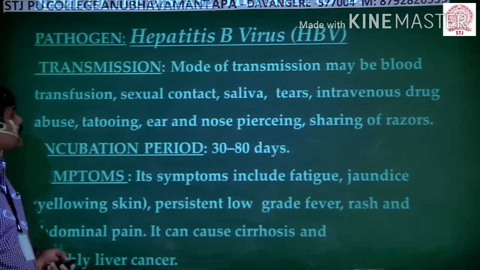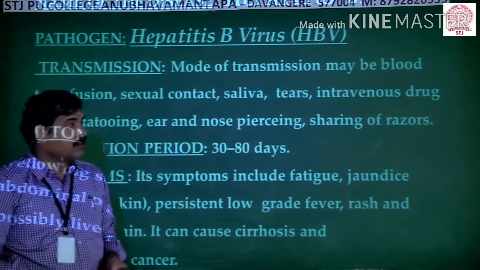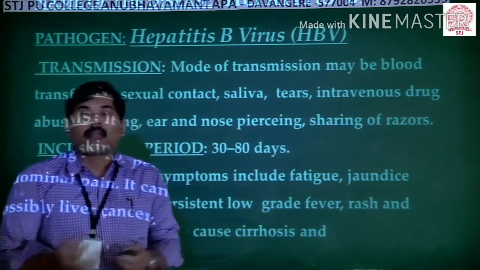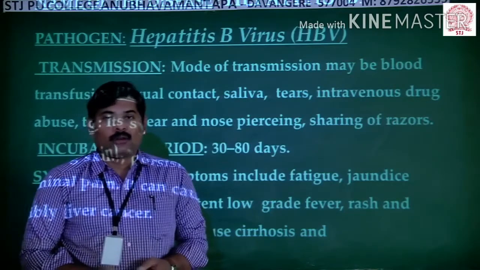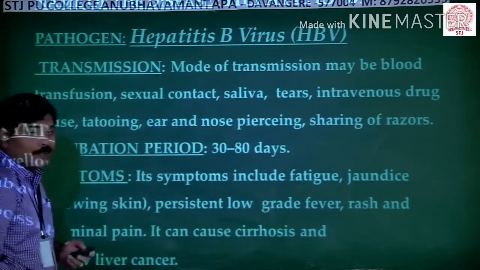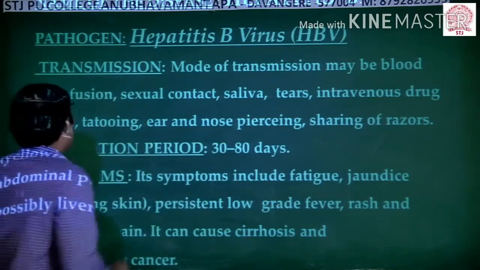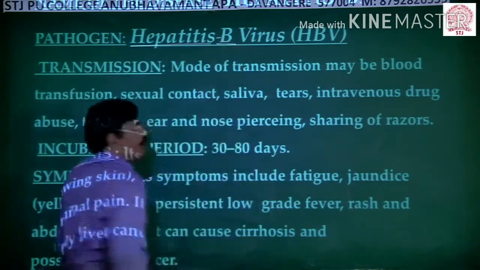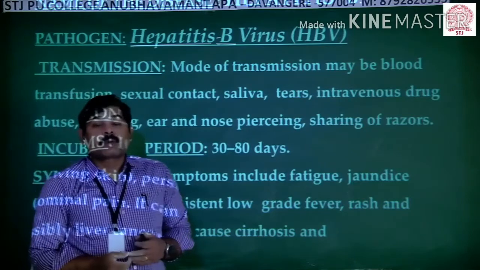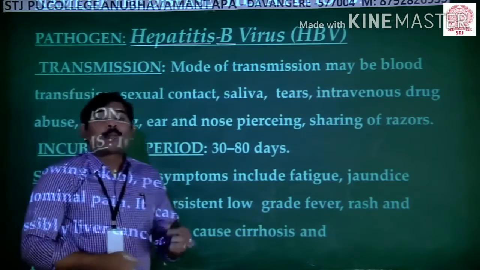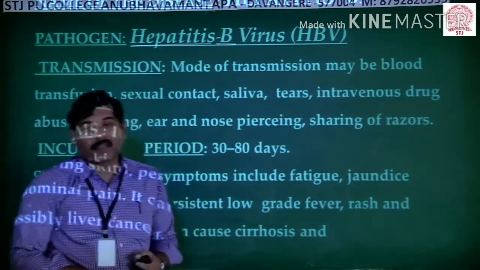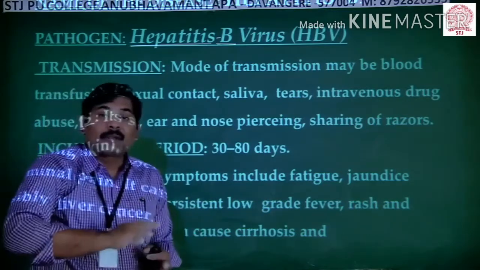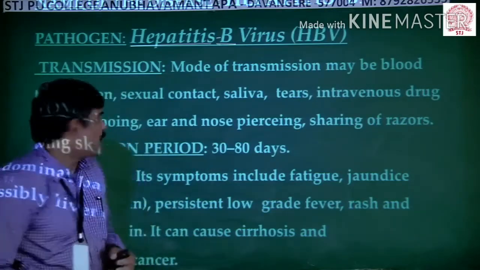The name of the disease is hepatitis B. This is caused by a virus, and the name of the virus is hepatitis B virus. There are various groups of these viruses, like hepatitis A, hepatitis B, hepatitis C and so on. This particular disease is caused by the hepatitis B type of virus.